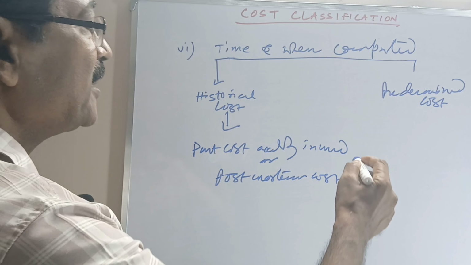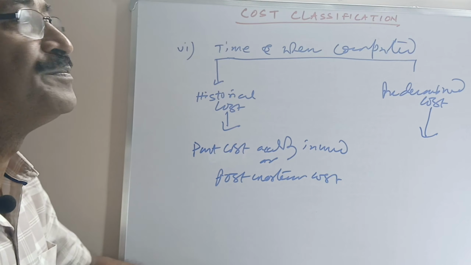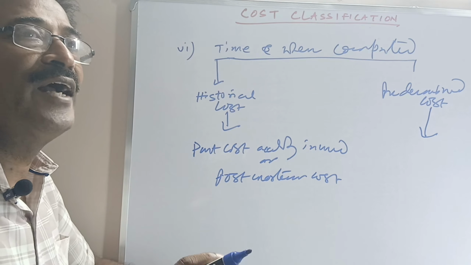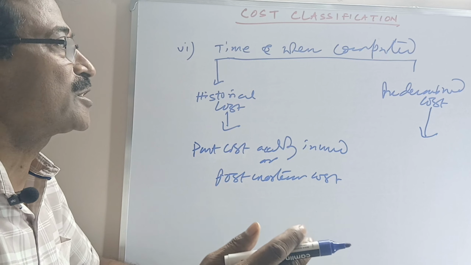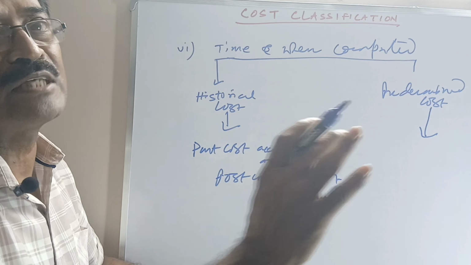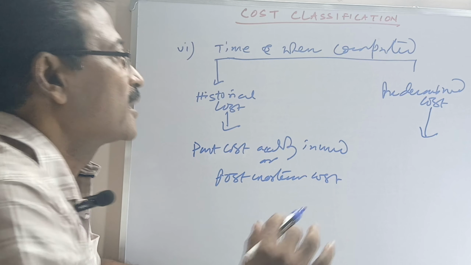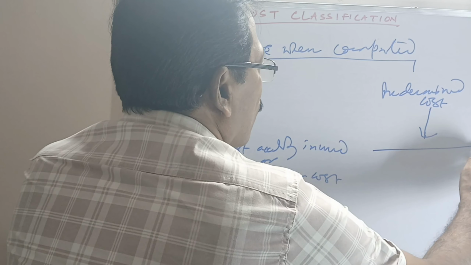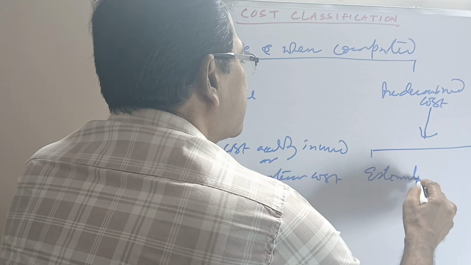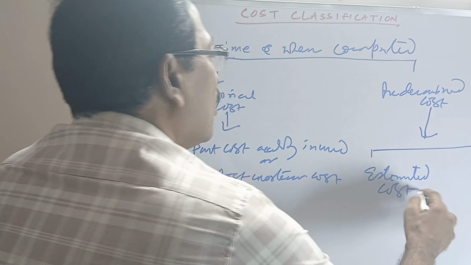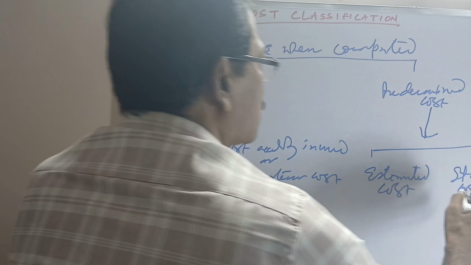Predetermined cost, on the other hand, is the cost prepared in advance on the basis of specification of all the factors affecting cost.